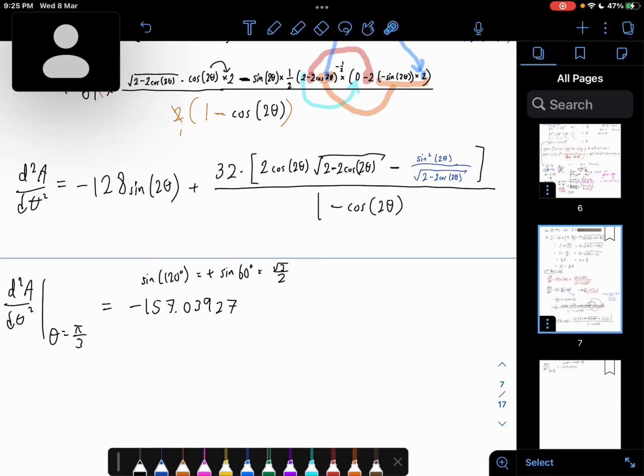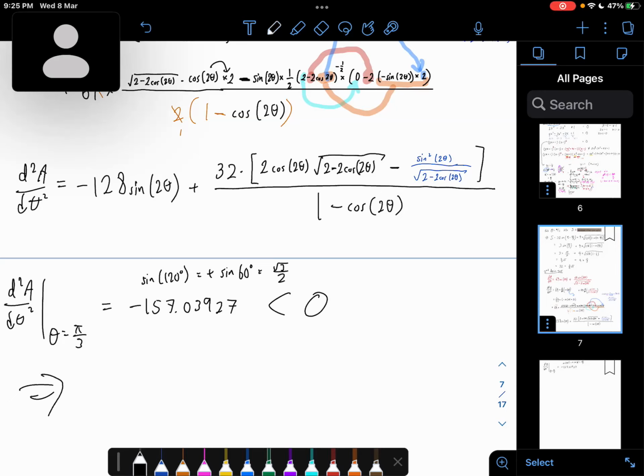Unless I type wrongly, there's a chance that could happen. Okay, so anyways, you get this number less than 0.